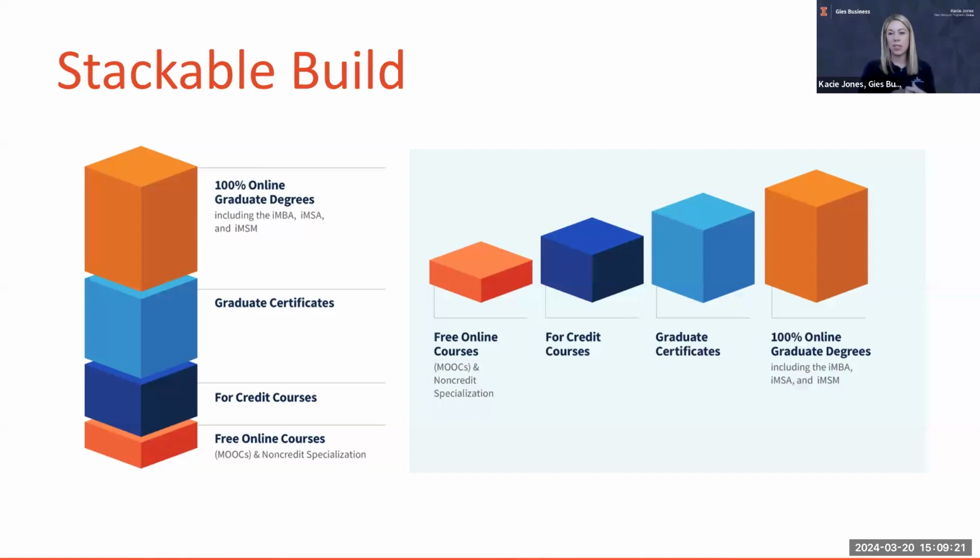That means while the content was created by the University of Illinois, it doesn't appear on a transcript. You will get a certificate at completion, but if you partner that content with what we call our high engagement component of courses, that can earn you credit hours from the University of Illinois.